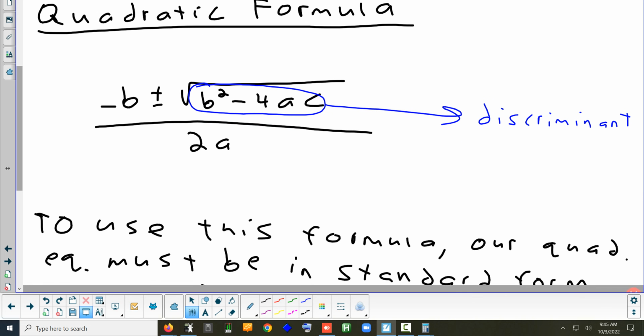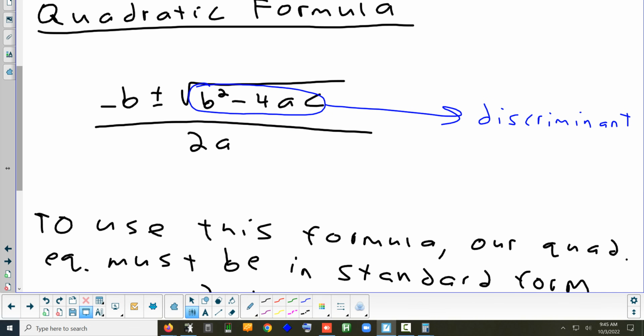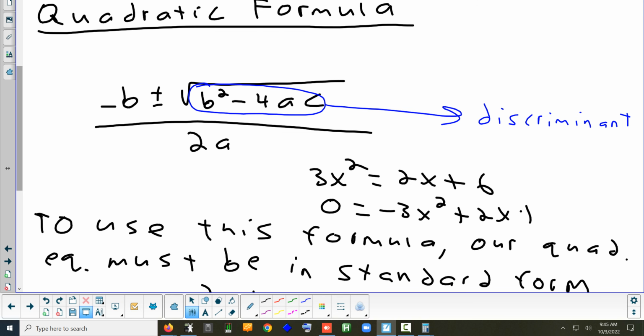So if you had something like, let's say, 3x squared equals 2x plus 6, be very careful when you try to figure out what a, b, and c are there, because that's not its standard form. Standard form is when everything is on one side. So really, you would want to do this. So a would be -3, b is 2, and c is 6.